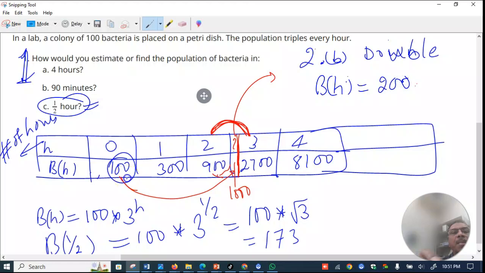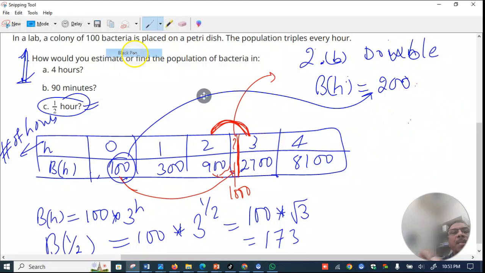That means it doubles, 100 times 2 is 200. And you can see the factor is 2. So this is the growth factor.